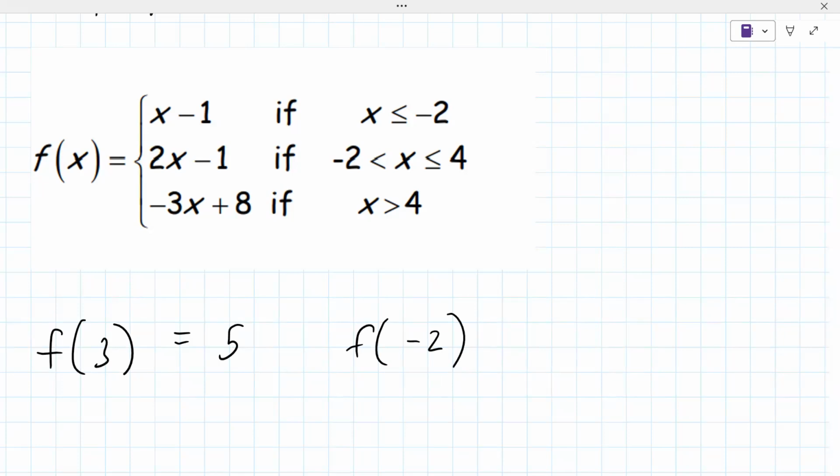So what does that become? -3. Very good. And how about f of 4? It would be the middle one again, so it'd be 7. I agree. Great. We definitely have that down.